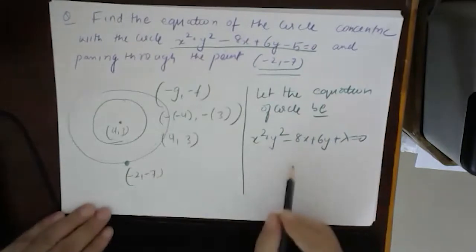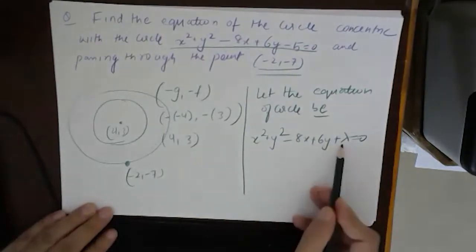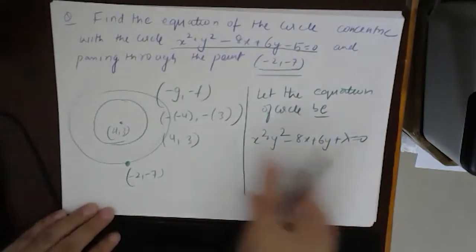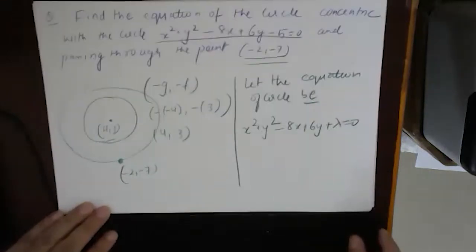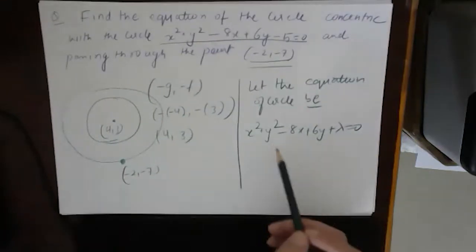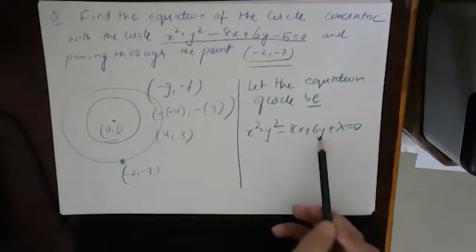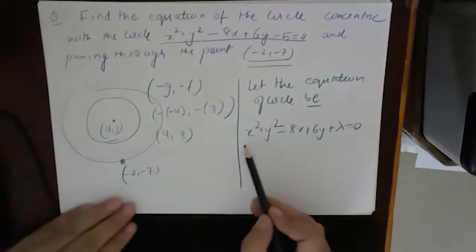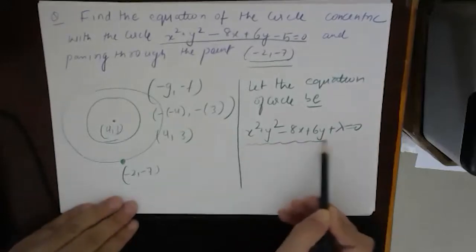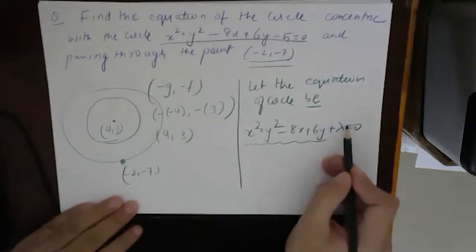Why can I write the equation like this? Because the circles have the same center, so this part will be exactly the same. The only thing which will change is lambda.